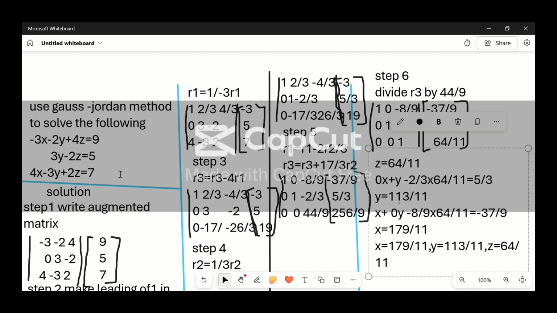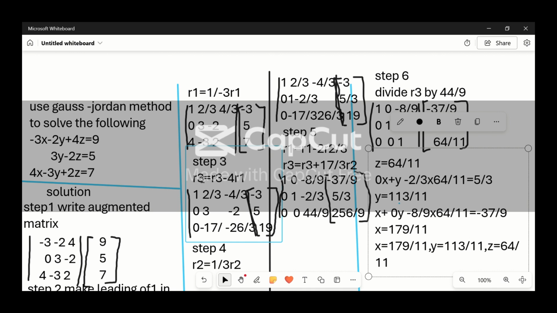So this is how you can solve this set of equations using the Gauss-Jordan method. You can use this as usual. The first step was just to write our augmented matrix, and the second, to make a leading one in the first row. Here we put a condition according to what we have in our augmented matrix. Step 3 was just to eliminate the first column entries in order to get 0, 0.